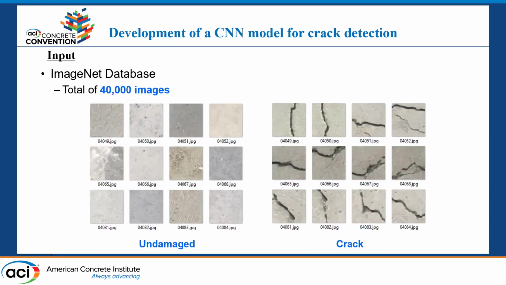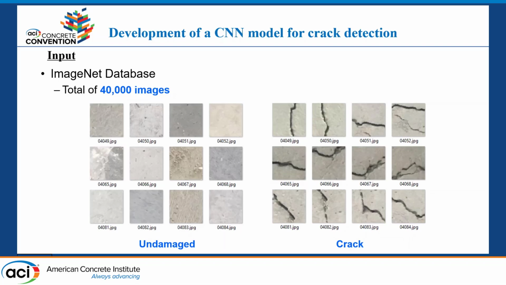So for the input, we used a total of 40,000 images that were collected from the ImageNet database. These images are classified and labeled into two separate folders. One will be undamaged, which contains the images of concrete surface without any cracks, and the second will be labeled as crack.